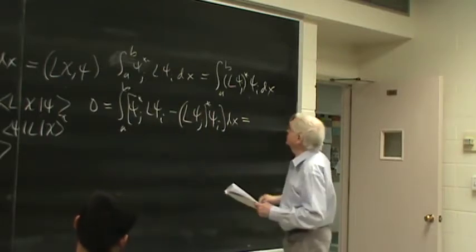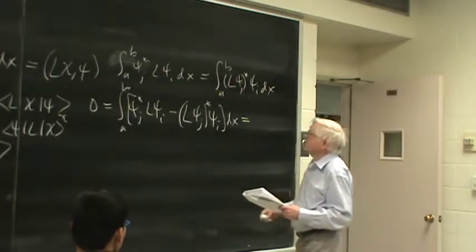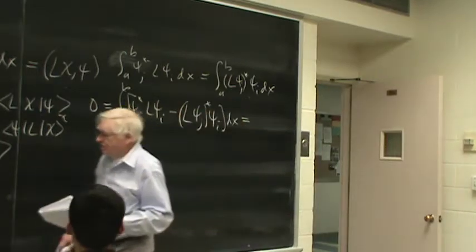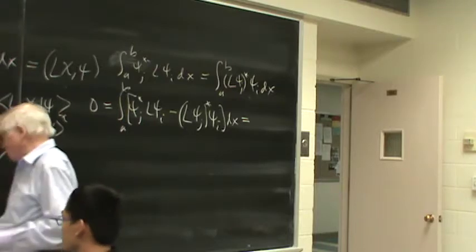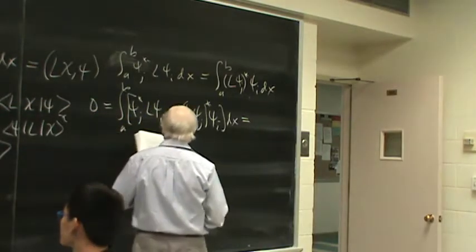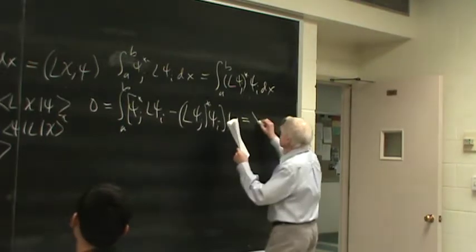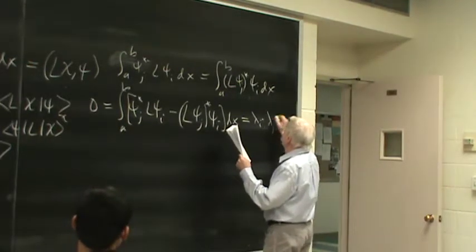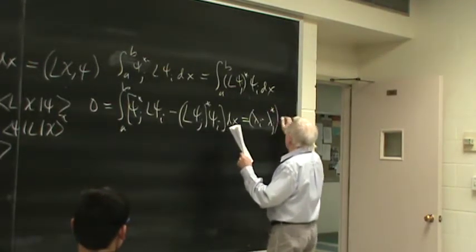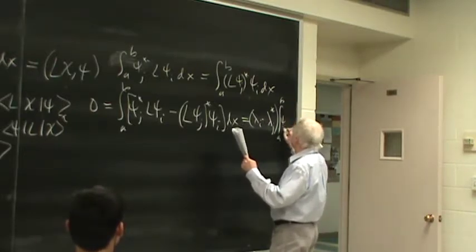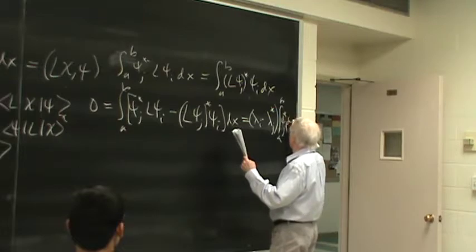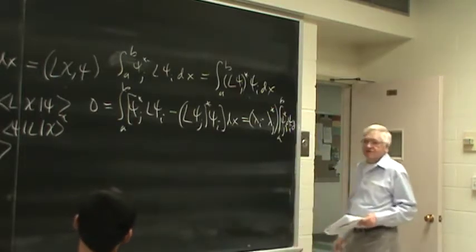So that's using this. This is then equal to lambda I psi j star rho psi I, and the other thing is equal to psi I lambda j star rho psi j. And so this whole thing is lambda I minus lambda j star times the integral a to b of psi j star rho psi I dx.